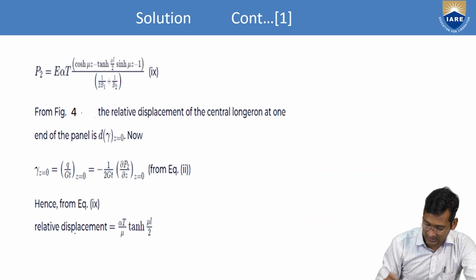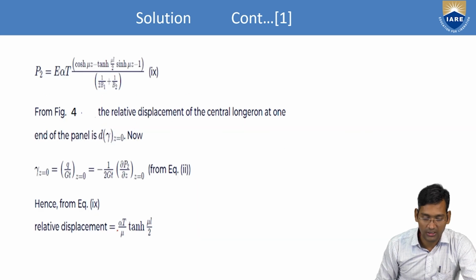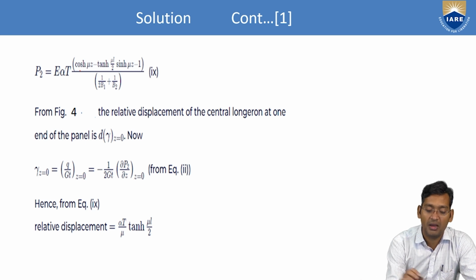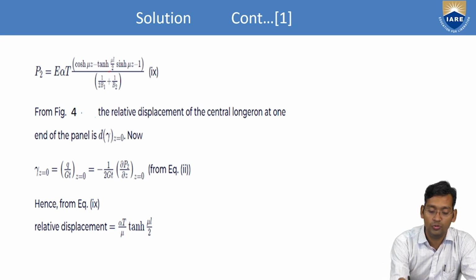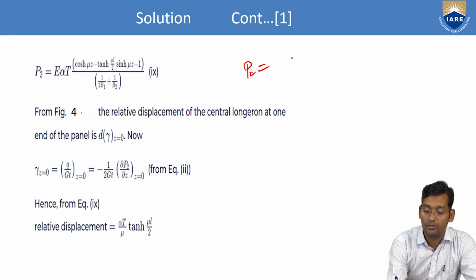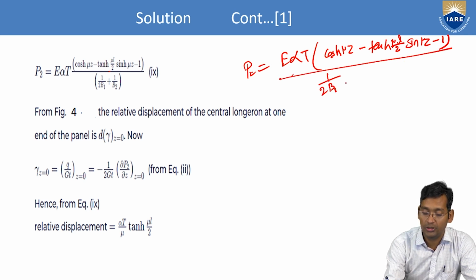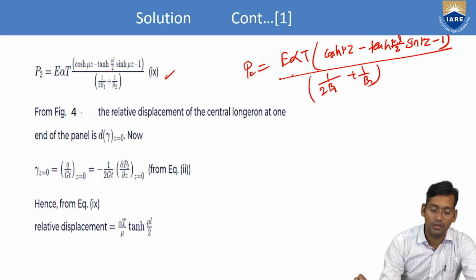Then that will get cancelled, and finally P2 equals E alpha t into cosh mu z minus tanh mu L by 2 into sinh mu z minus 1, whole divided by 1 by 2b1 plus 1 by b2. So this will be the P2 formula.